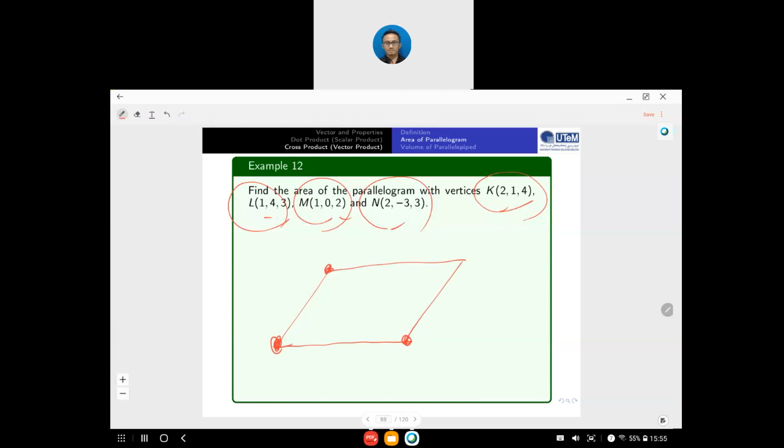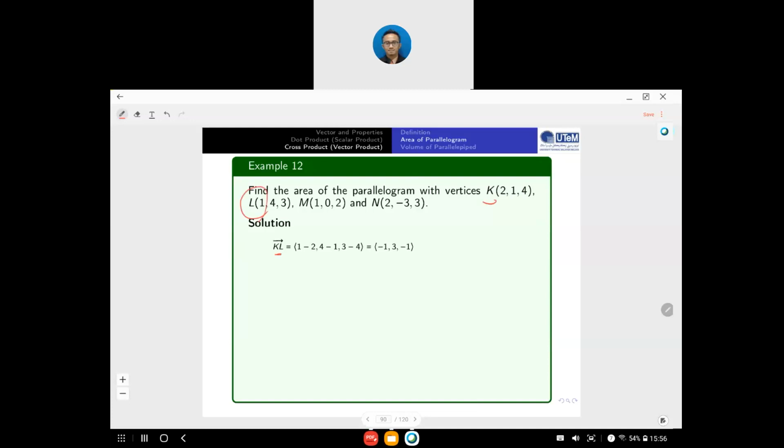So by using this example, we can see that here is K, L, M, N. So you need to find the vector KL and then the vector KN. They must start at the same point. So you need to find these two vectors. Point M is not used. So first, for the solution, you need to find the vector KL. KL means point L minus point K. So 1 minus 2, 1 minus 2.